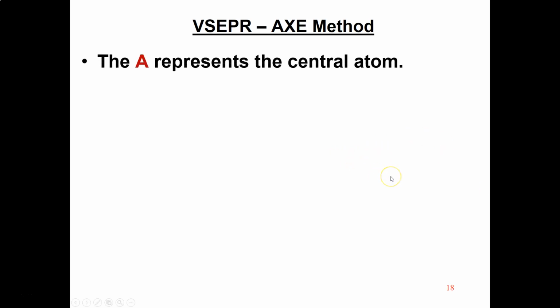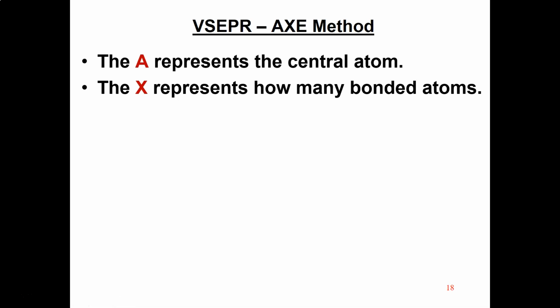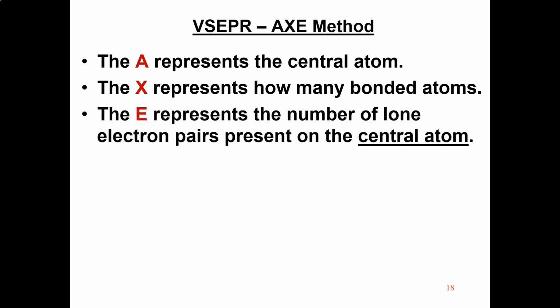So the AXE method, we're going to use A to represent the central atom. X is going to represent how many bonded atoms you have. And E is going to represent the number of lone pairs on the central atom. Not all together, just the one on the center, because that's the one that will really decide the shape.